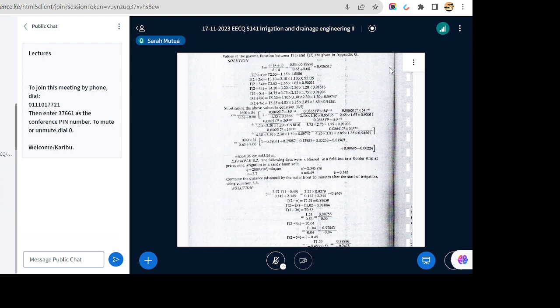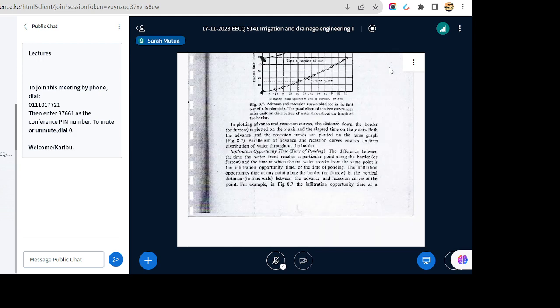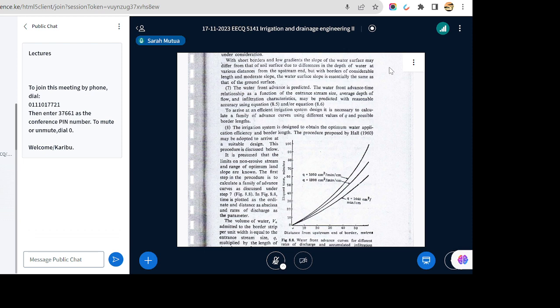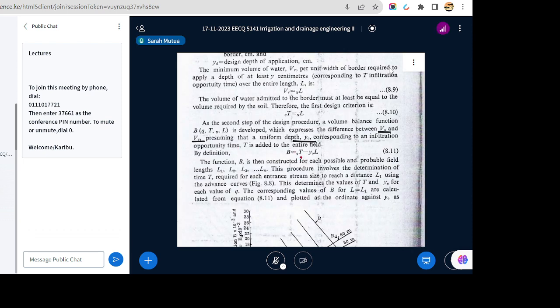Again, by definition, the volume balance function can easily be written as a water balance. It is written in this format, by taking into consideration the volume applied and volume infiltrated. Therefore, the balance function is equal to total water applied minus total water infiltrated. What you see with this volume balance function is that it is trying to minimize the loss of water.